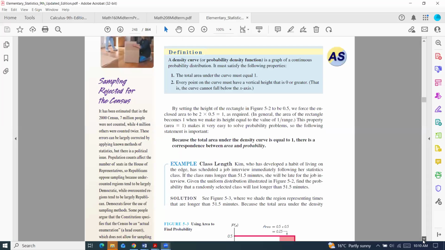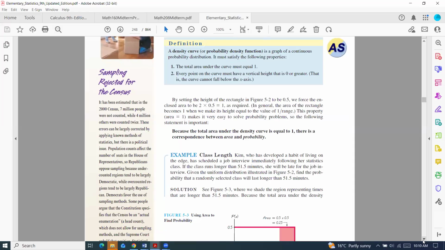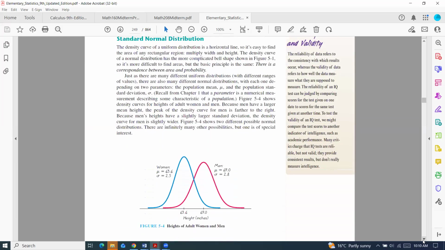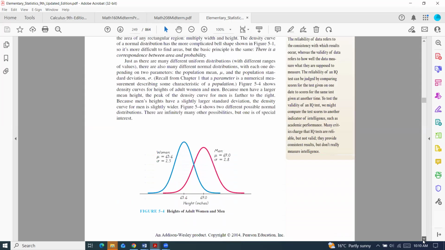The name of the distribution comes from it being bell-shaped, it's like a bell, right? It's a bell-shaped curve, and the area under the curve is equal to 1. Turns out that's the key feature of any curve that's called a distribution.